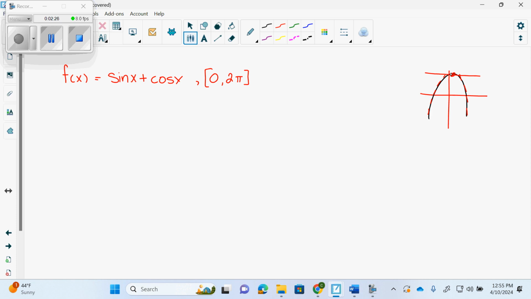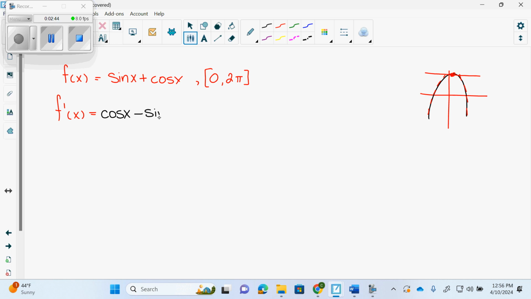So our first step is to get the first derivative. f prime of x equals, what is the derivative of sine? Cos. And then, what's the derivative of cos? Negative sine.